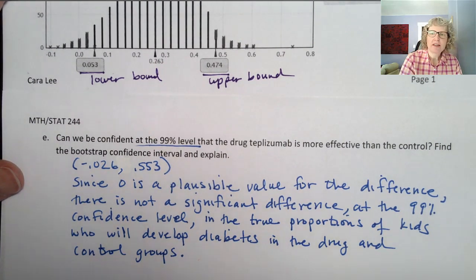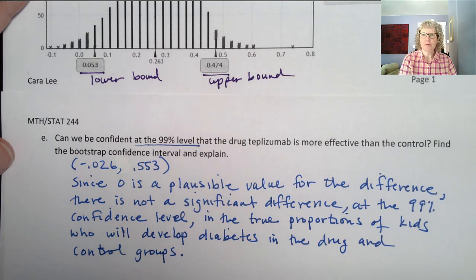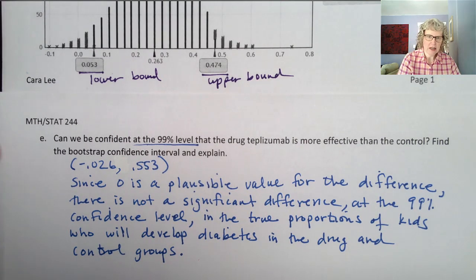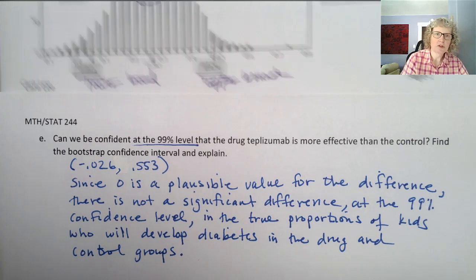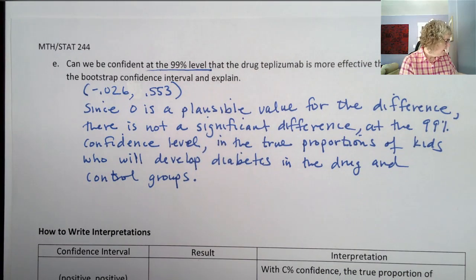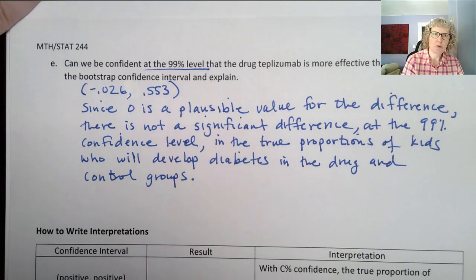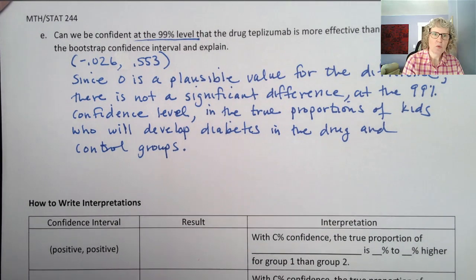Okay, so this is very different than how we've been interpreting just one proportion. Isn't that interesting? Let's see, I do want to make a note here about which one's positive and which one's negative, and then we'll fill in this table on this page as well.